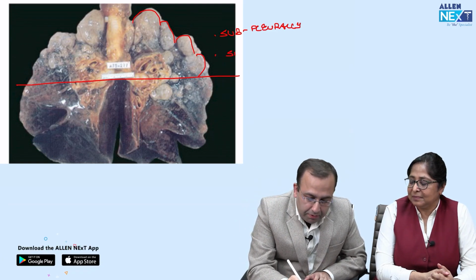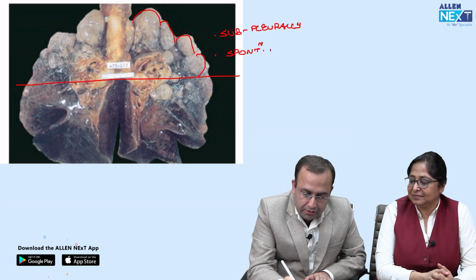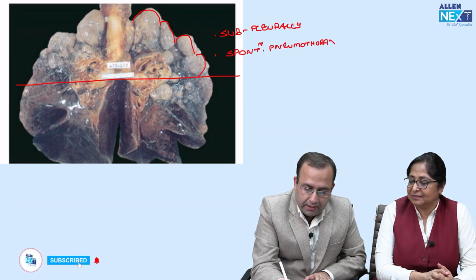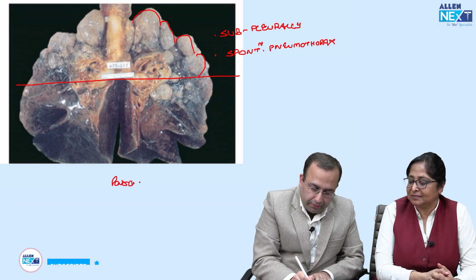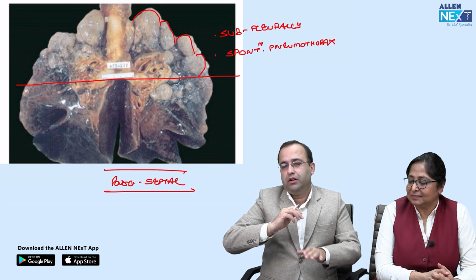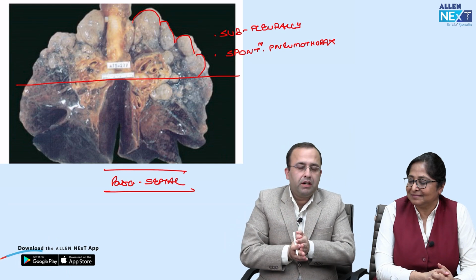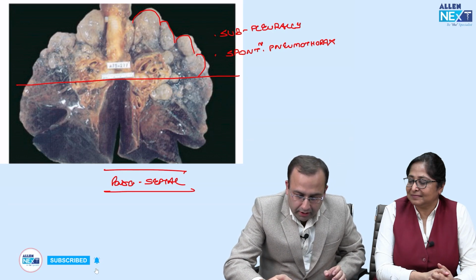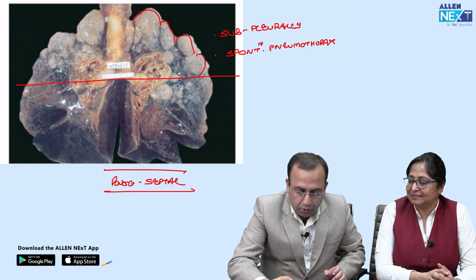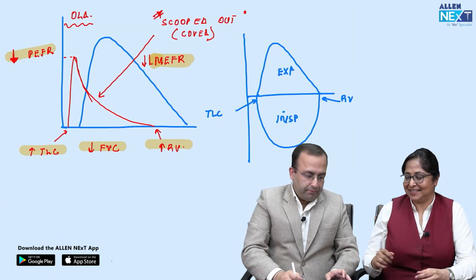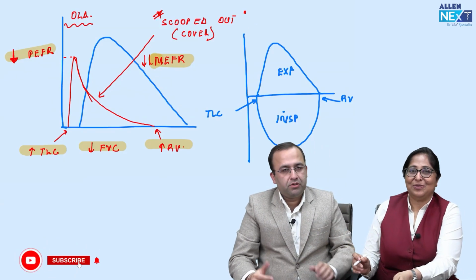So paraseptal emphysema is associated with spontaneous pneumothorax. So this was just an attempt at emphysema, an obstructive lung disorder, and correlating it with our loops. This was obstructive lung disorder.